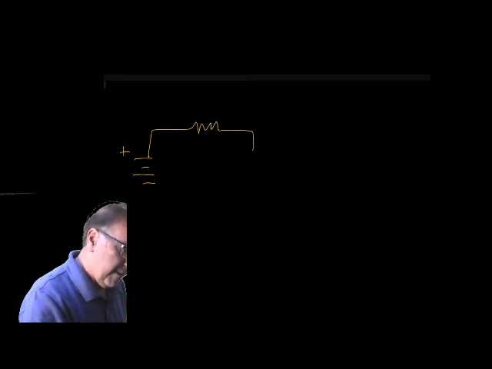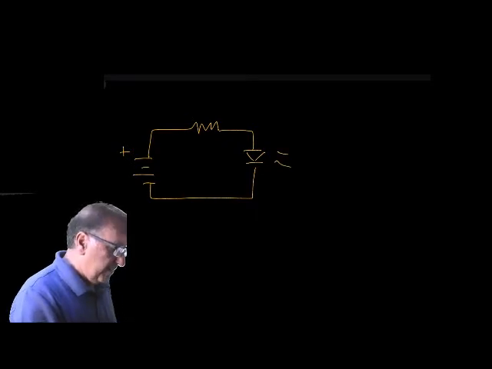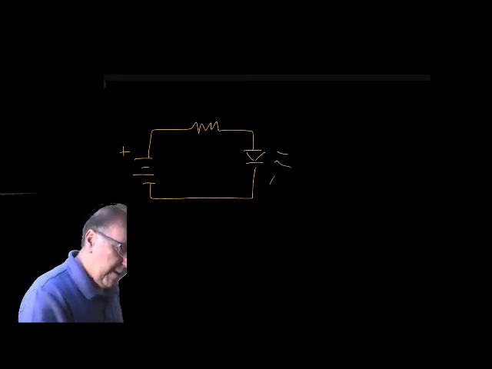Okay, let's continue the schematic here. We'll add a resistor, and then in this case a light emitting diode, which would be an LED.